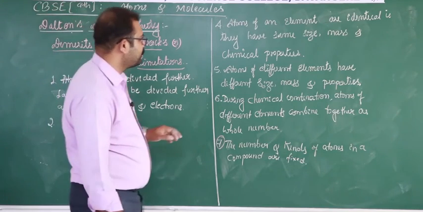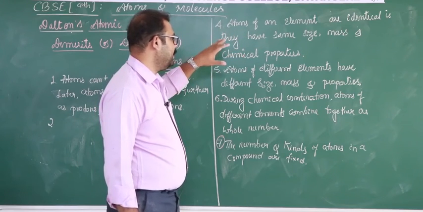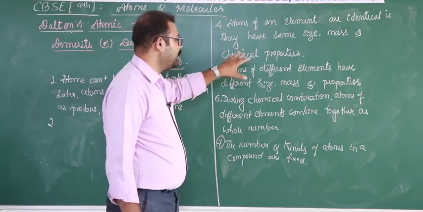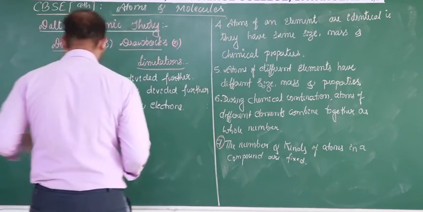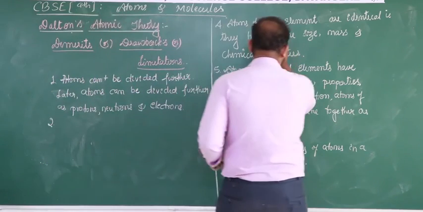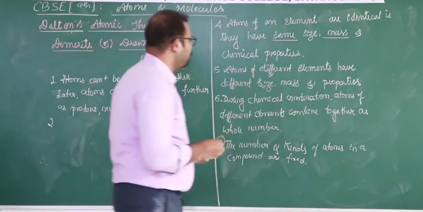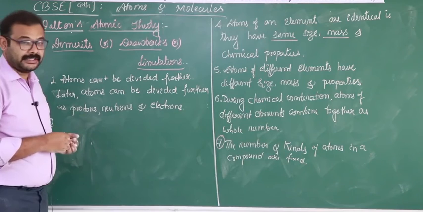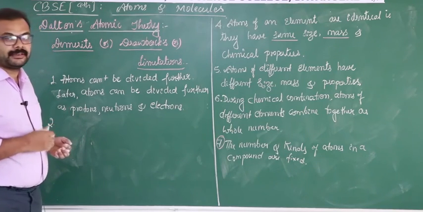Come to here. Atoms of an element are identical in size, mass and chemical property. You just observe this one: same mass. But after some time it came to be known that even atoms of the same element have different masses.